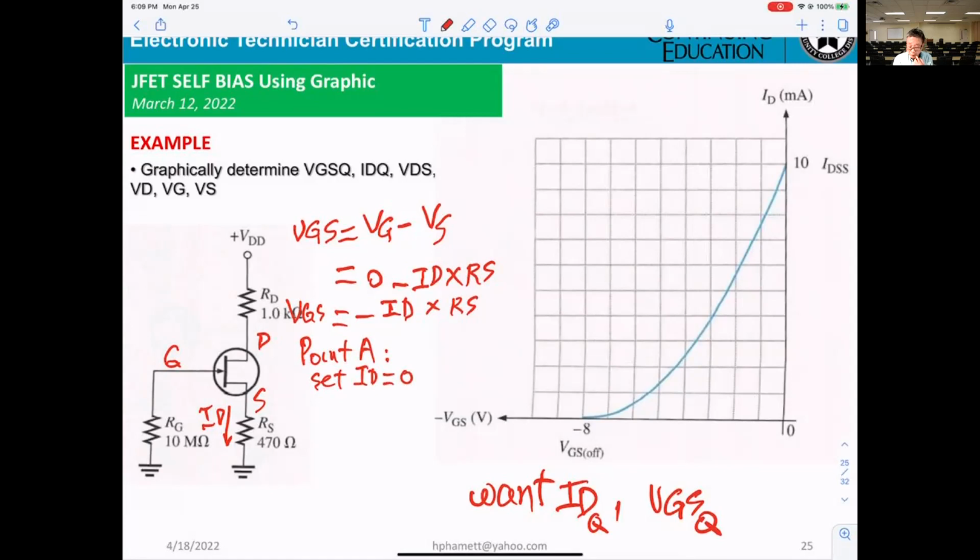So what does VGS equal? VGS equals minus ID times RS. Now if you select ID equal 0, that tells you VGS also equals 0. That gives you the first point. A will be at this point right here.